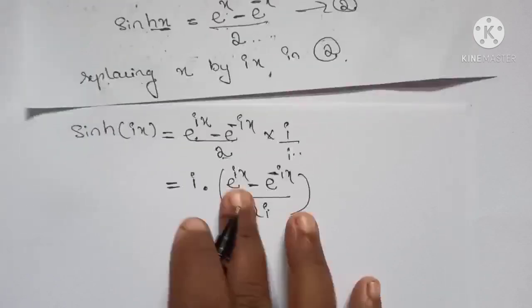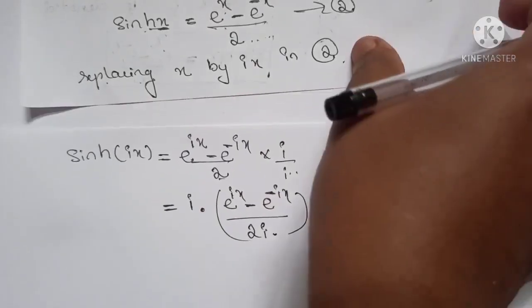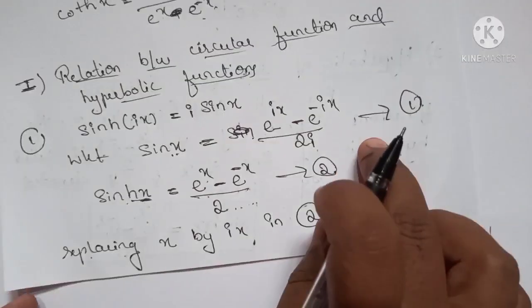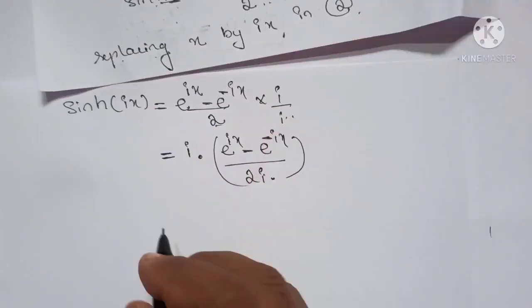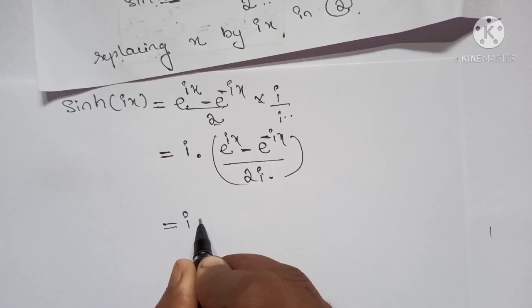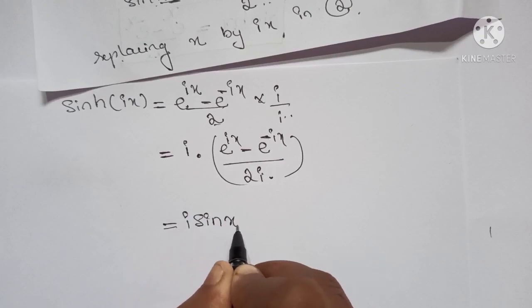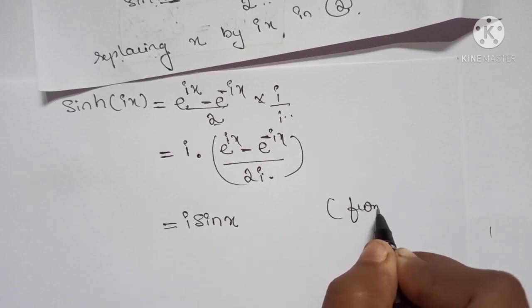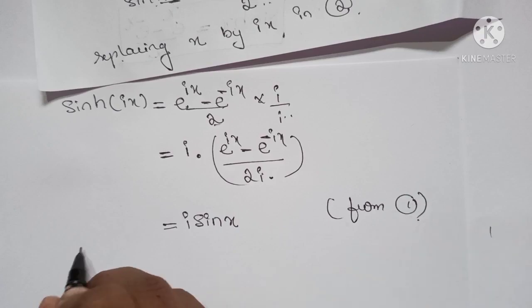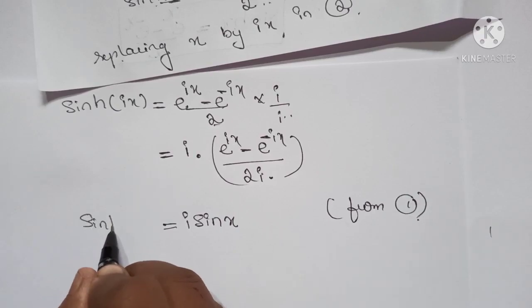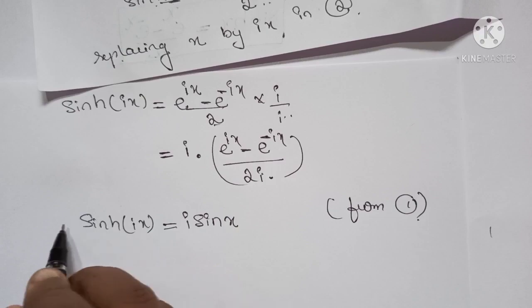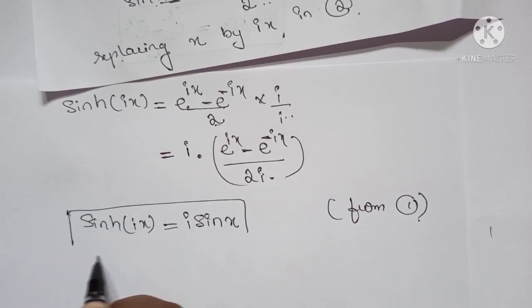You can observe that this is similar to the circular function 1. So we can write it as i into sin x. This is from equation 1. Therefore sinh ix is equal to i sin x.